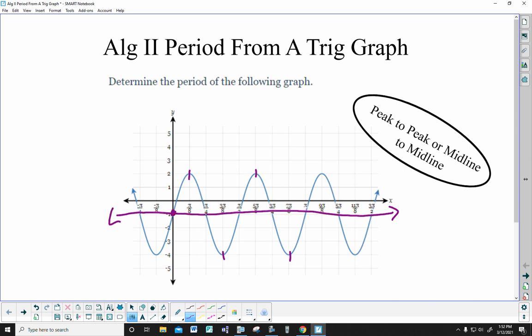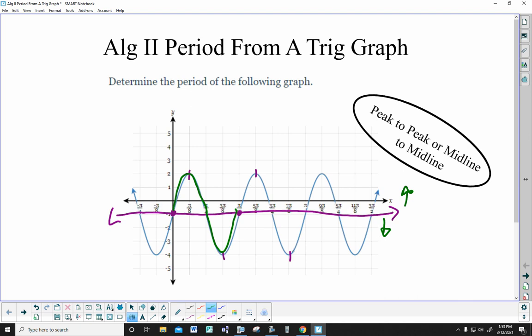Sure, it hits the midline there, but you have to skip one, you have to alternate, because again, it's the distance it takes for this graph to repeat. That isn't a repeat. Now I'm going to start repeating exactly what I did before. That is one full period, because it has all the values above the midline and all the values below the midline.